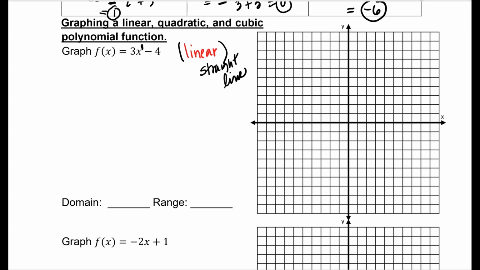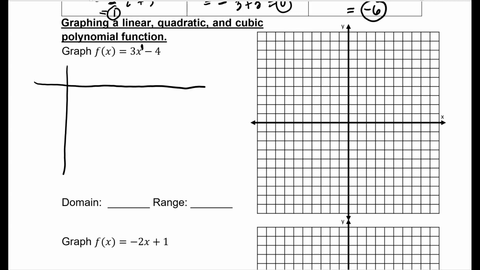Alright, so I'm going to erase this and create a chart. We're basically evaluating this function, but we're going to create a chart out of it. We're going to plug in some x's. We make up the x's, and this is sort of like a T-chart that you're used to. For example, I like to normally go with negative 1, 0, and 1.